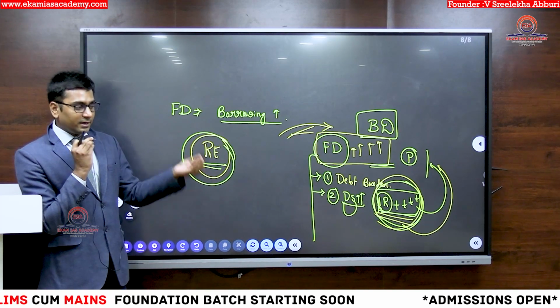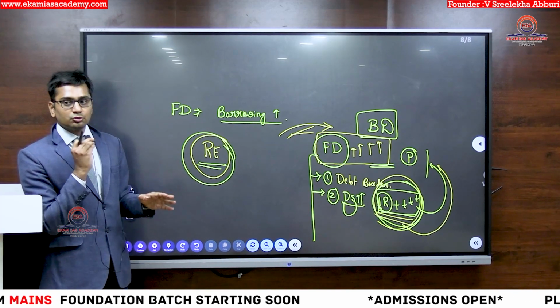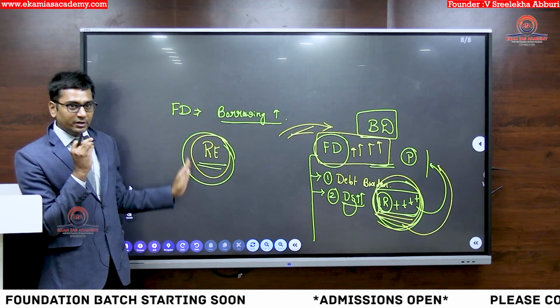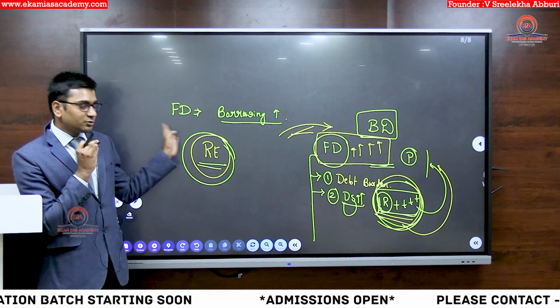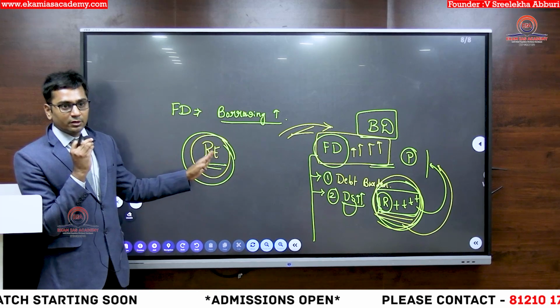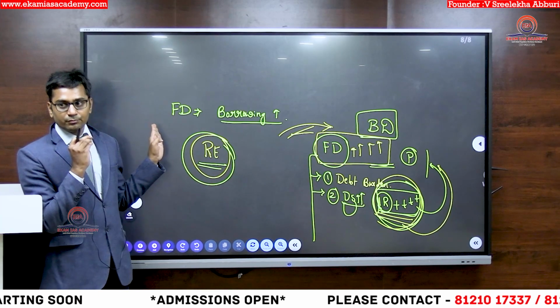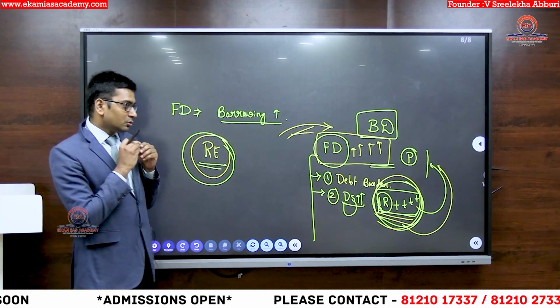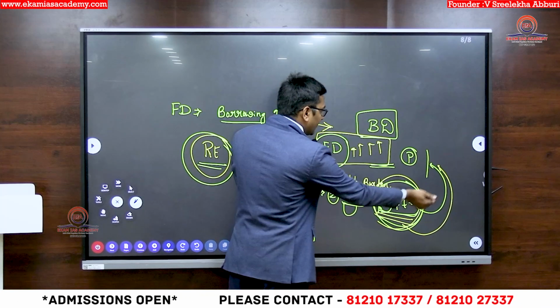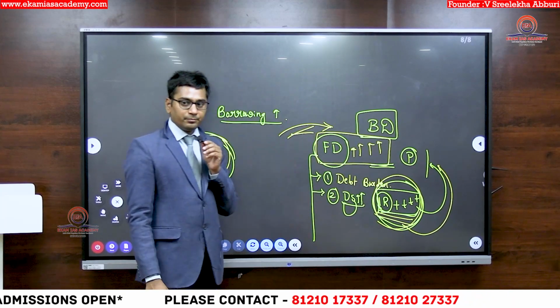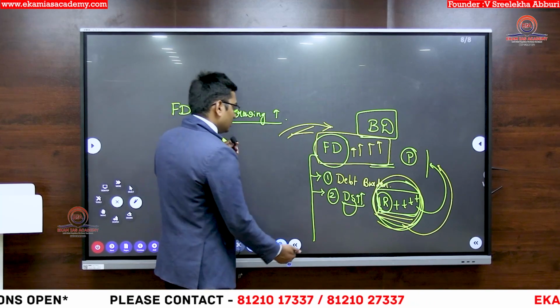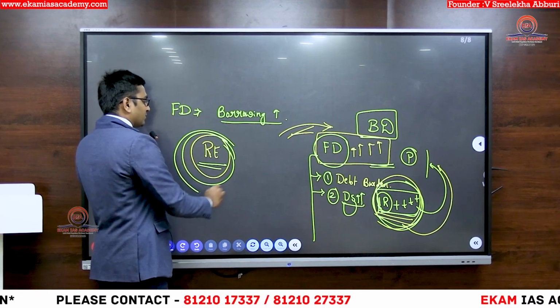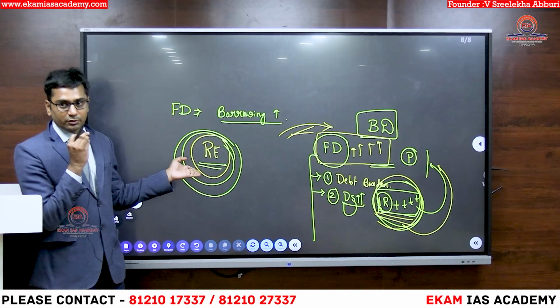Which means I have already taken loans, and today my loan is so huge that out of all my revenue expenditure, 20 paisa is going to this. If I am spending 1 rupee, 20 or 25 paisa is going for this. So interest payments are very huge, and that adds to your revenue expenditure again. Revenue expenditure is always dangerous for the country because it doesn't give any asset.